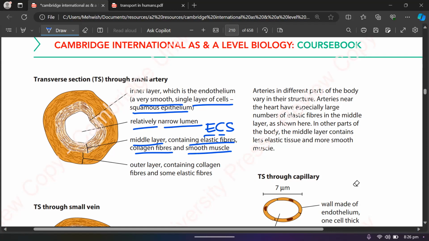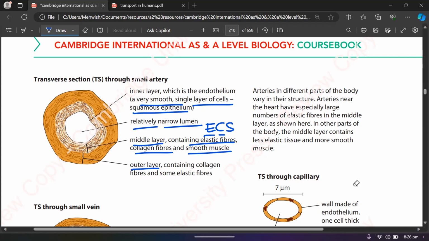So they should have more elastic fiber tissues in it, so that they can resist the pressure and don't collapse, right? So this is the middle layer.